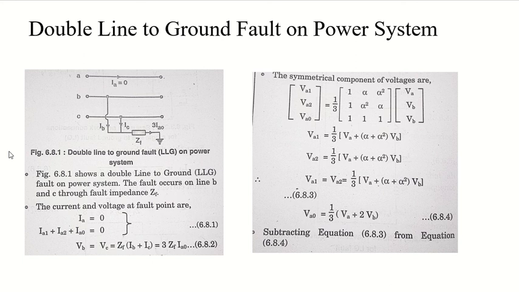You can see the double line to ground fault illustration in the picture here. So the fault is occurring on line B and C through the fault impedance ZF.